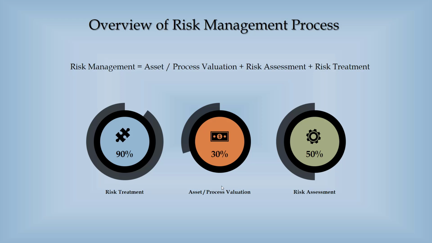Hence, what is the difference between risk management and risk assessment? You can easily understand that risk management is the combination of asset or process valuation, risk assessment, and risk treatment. Risk assessment and treatment is something that we are going to discuss further. Asset and process valuation is what we have discussed previously.